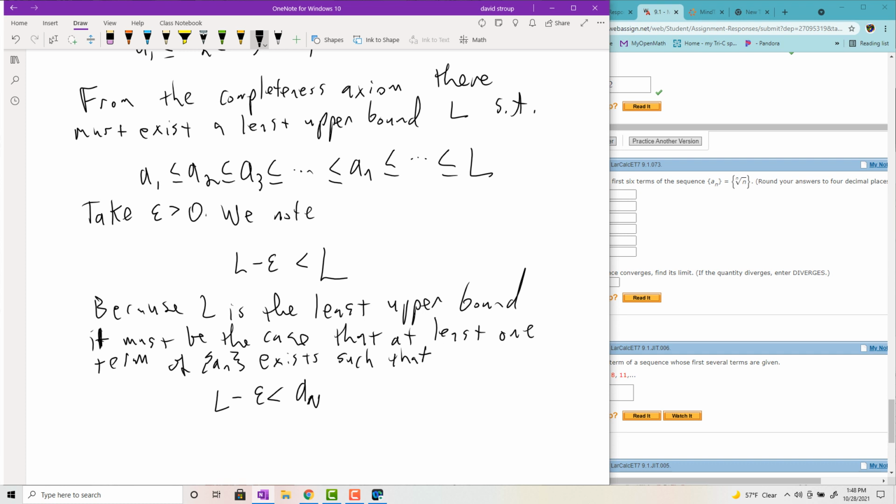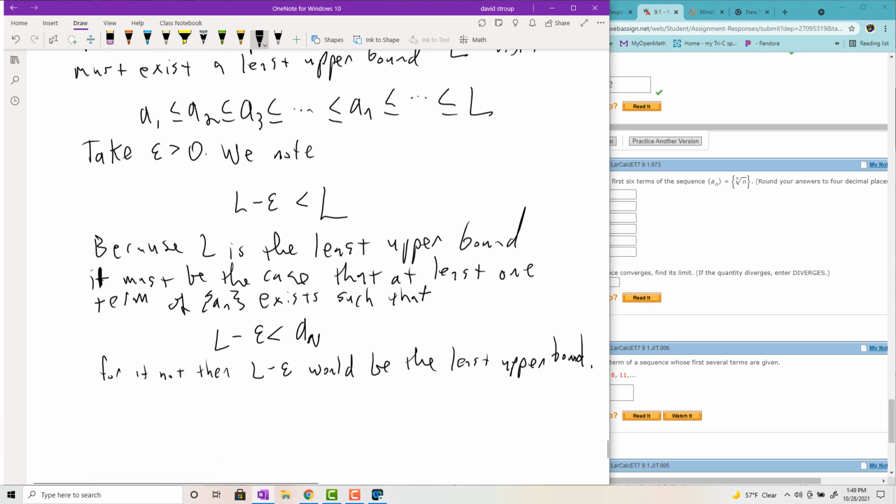For if not, then L minus epsilon would be the least upper bound. But we can't have that because we already said that L was the least upper bound.